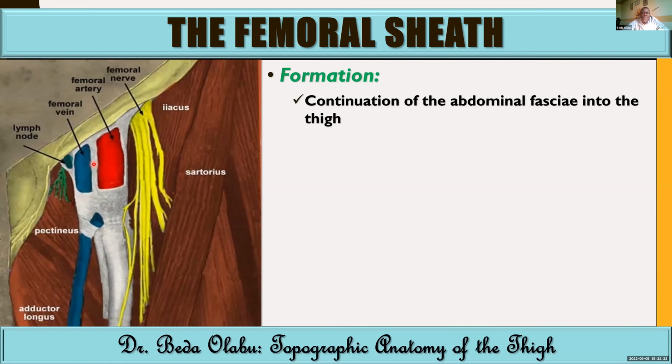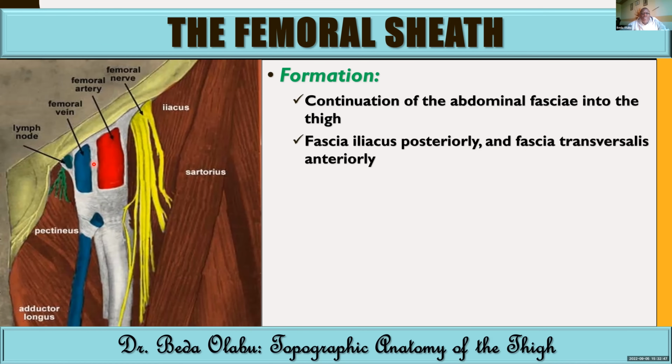This sheath is formed by continuation of the fascia within the abdomen that extends into the thigh. So there are two fascia in the abdomen that extend into the thigh to constitute the femoral sheath. Posteriorly, there's a fascia that covers the muscle iliacus. So we call that fascia the iliac fascia, or the fascia iliacus.